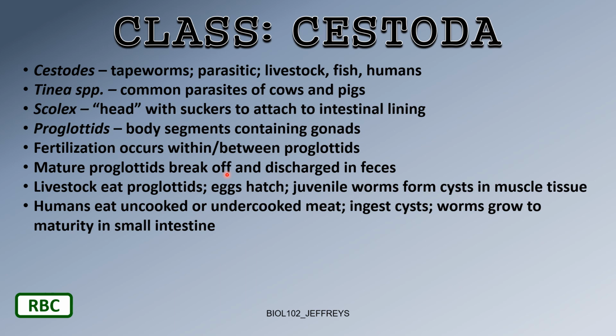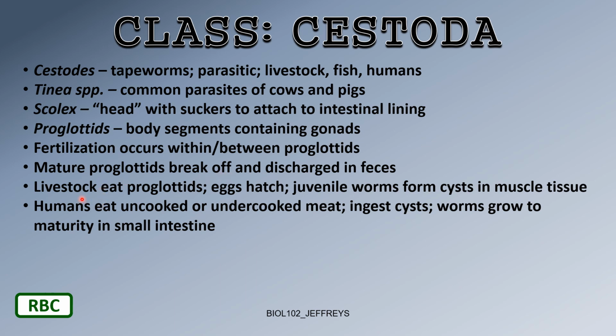So if you have a cow that has a tapeworm, these mature proglottids, mature meaning they're fertilized, break off, they get discharged in the feces, and eventually they get spread around in the field, and another cow comes along and eats grass that has some of these proglottids on it, and now that cow becomes infected with a tapeworm.